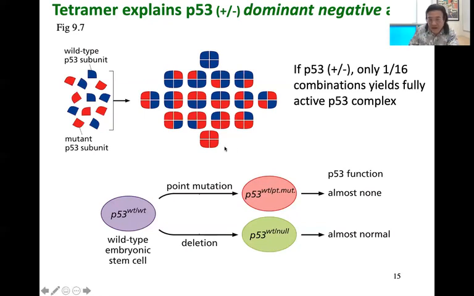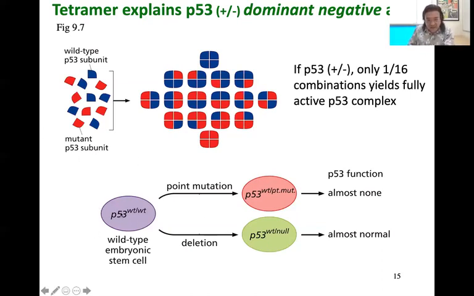You would have 1 out of 16 where all 4 of them are the mutant form, but everything in between, the other 14, are a mix of red and blue. And as I said before, the moment one of the units that make up the tetramer has a defective DNA binding domain, that messes up the ability of the whole tetramer to stay on the DNA.